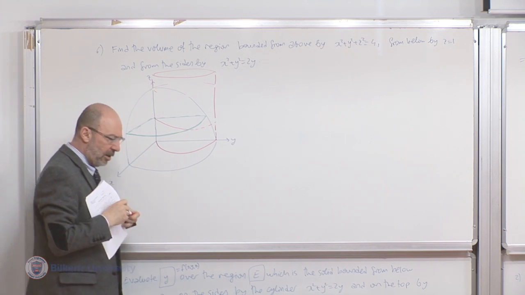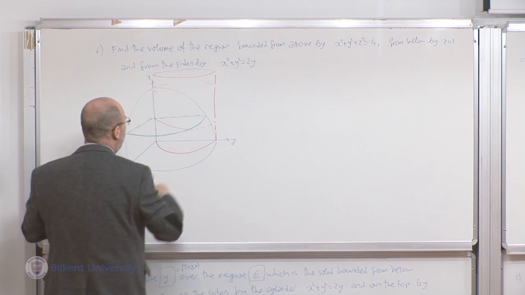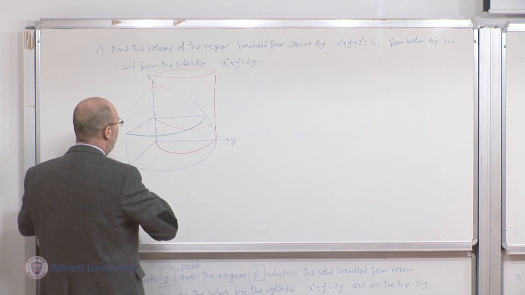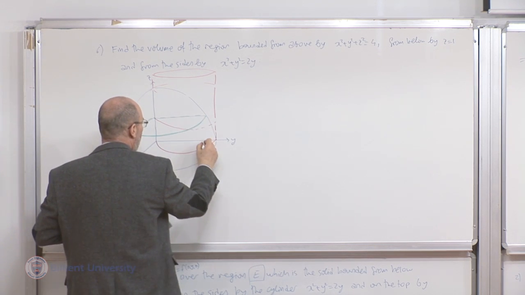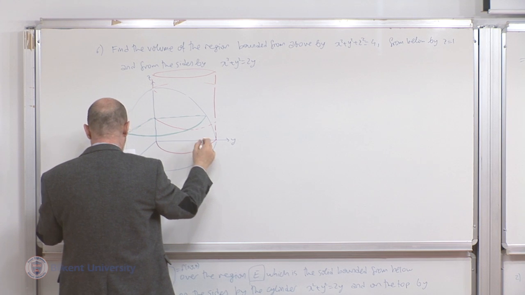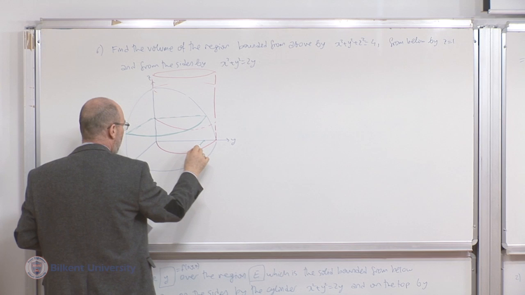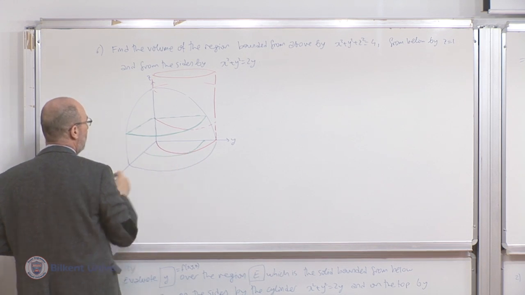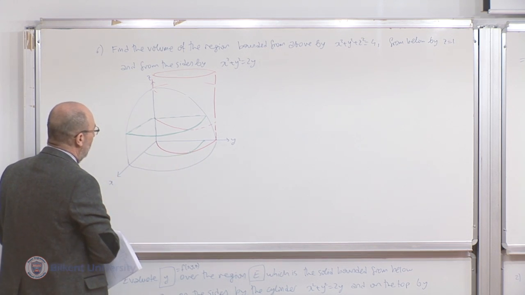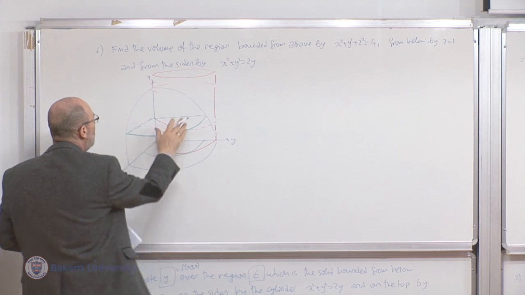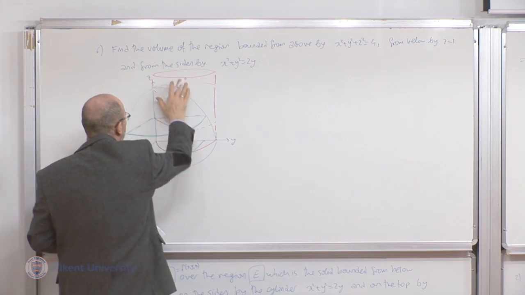Now, I take the shadow of this green thing. It will be, so this thing drops here, and I have where, well, I'm trying to get this over here, so it's a circle like this. Okay, so the region we are interested in is up here.